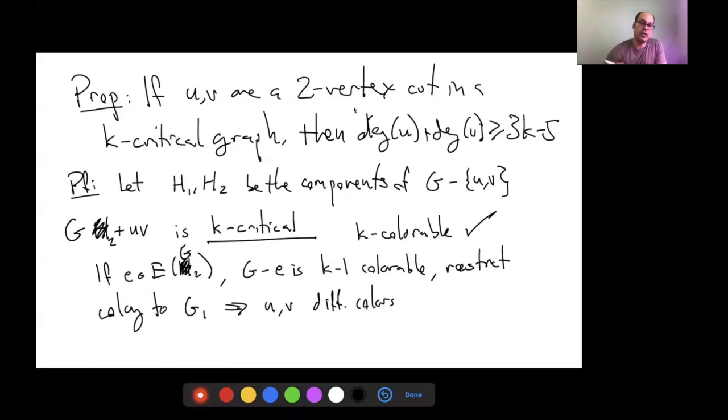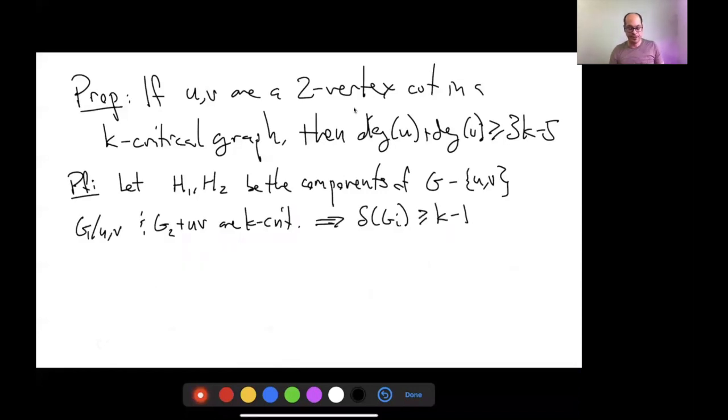But that means that when you look at it back on the G2 side, it doesn't hurt to add that edge back in, plus UV. You add that edge back in on the G2 side, and it still gives a coloring because the colors for U and V were different. Adding the edge doesn't give a problem. Okay, so there we go.